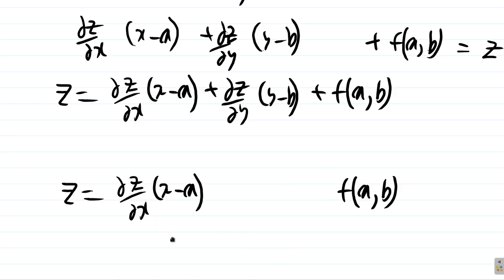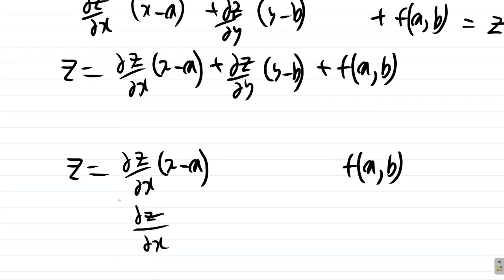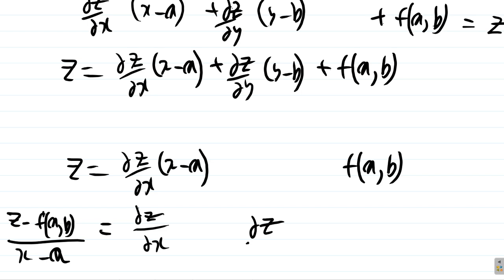Then when you transpose for this, ∂z/∂x becomes equal to, if you subtract f(a, b) from both sides, z minus f(a, b) divided by x minus a. You see that? So rewriting it, ∂z/∂x.